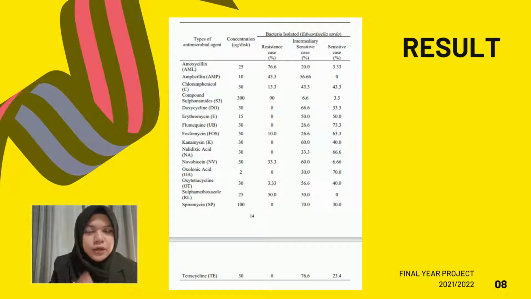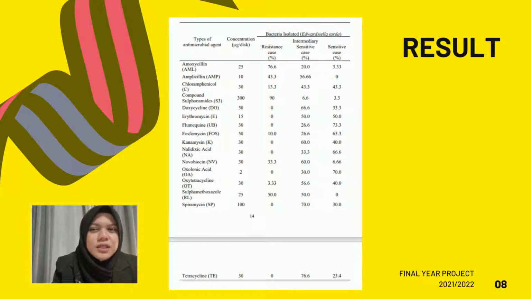For the results, it was determined that the isolate was highly sensitive to fluoroquinolone and oxolinic acid while being resistant to compound sulfonamides. For intermediate sensitive isolates, the highest were tetracycline, kanamycin, and novobiocin antibiotics, having the same result of 60% intermediate sensitive.